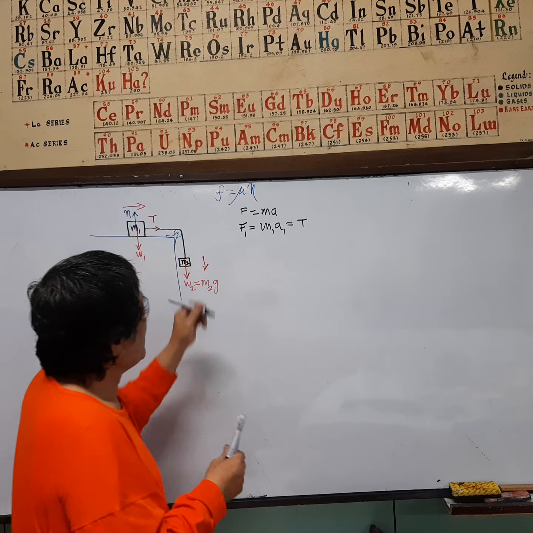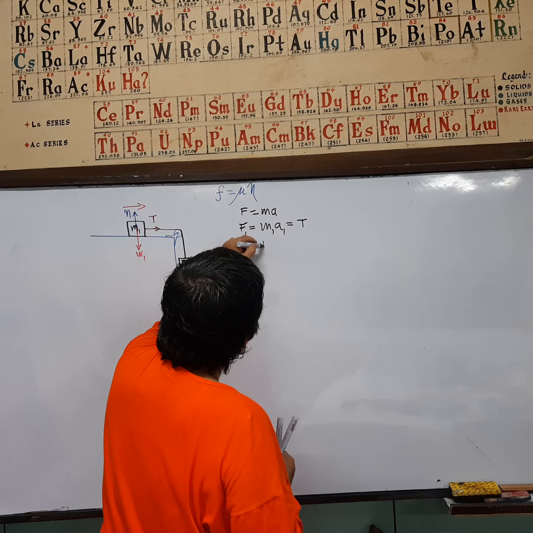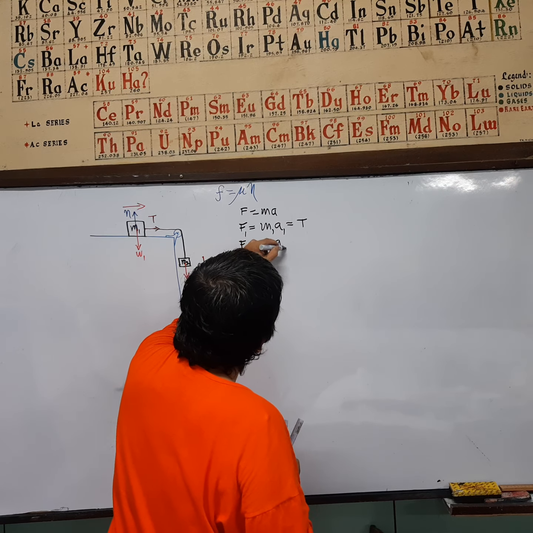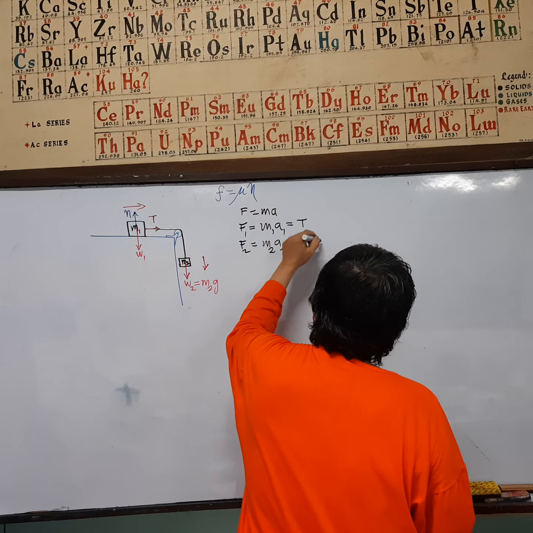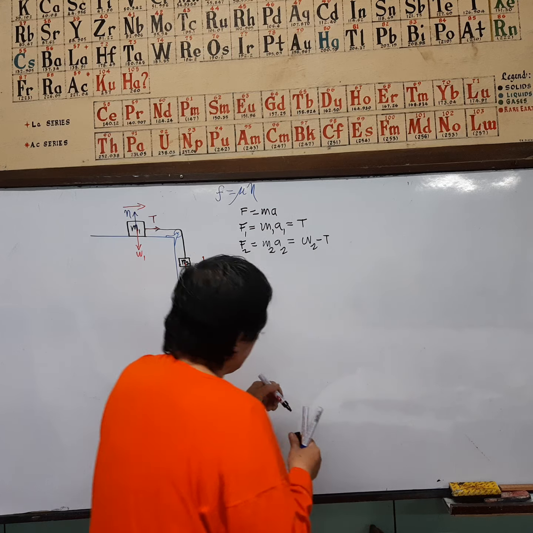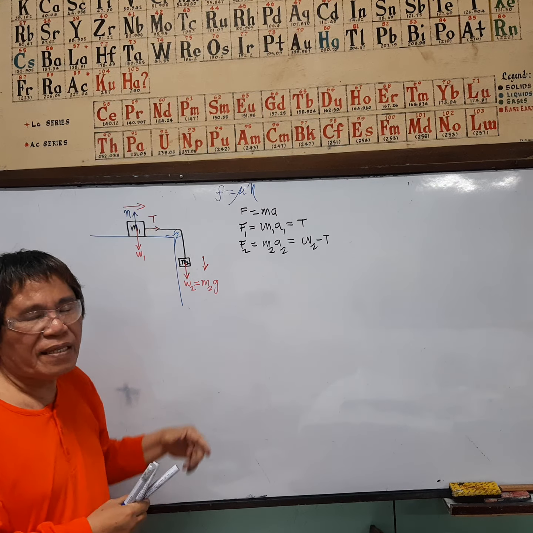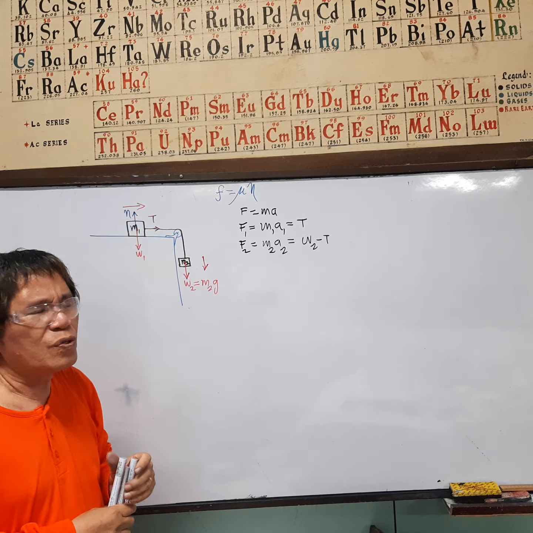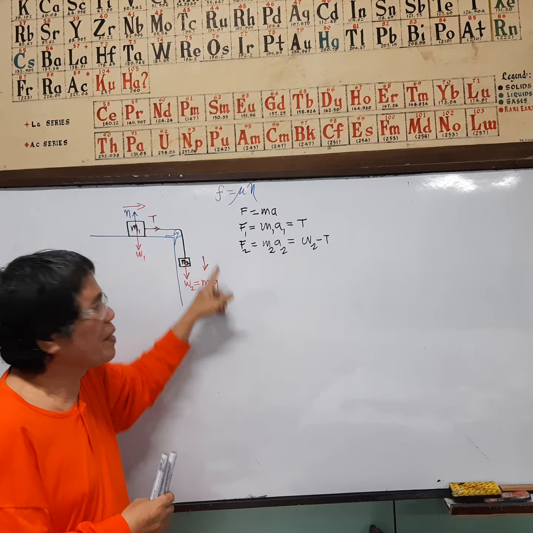Okay. Then F2 is equal to M2A2 is equal to W2 minus the tension. W2 minus the tension, not tension minus W2. If we have tension minus W2, then this is going up.